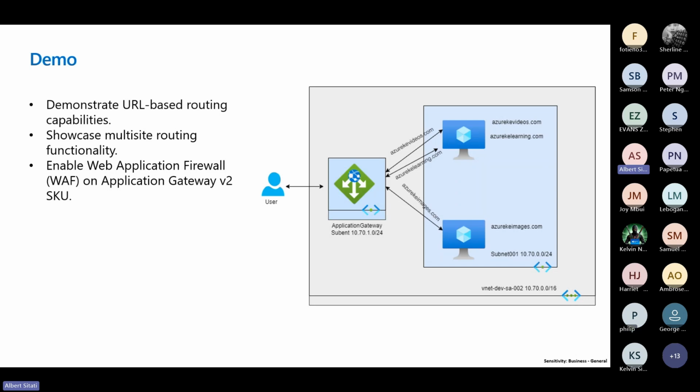So the certificate binding you've done at the App Service level, and then that certificate, wherever you have stored it, you can just upload on the application gateway. Okay. Thank you.